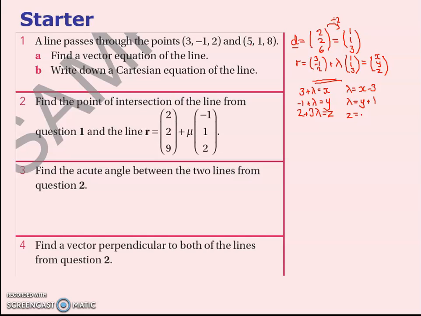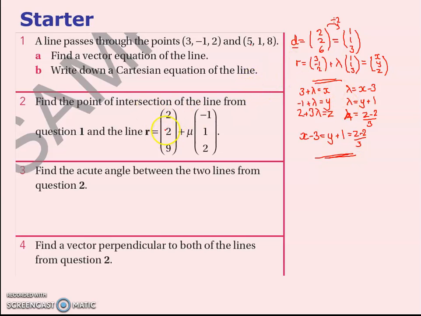Lambda equals z minus 2 all divided by 3. Now, you can't do much with this other than just to say they're all equal to lambda, so they're all equal to each other. x minus 3 equals y plus 1 equals z minus 2 over 3. And although it's not very nice, that is the answer.